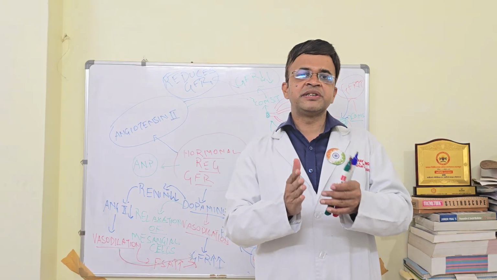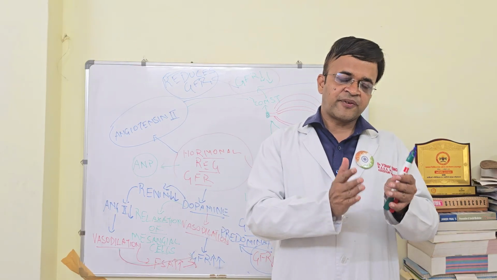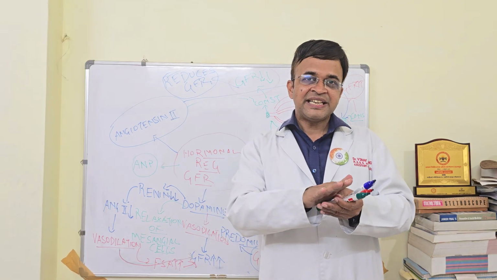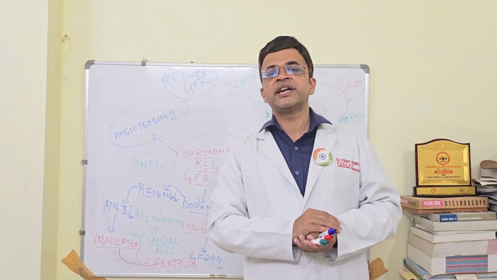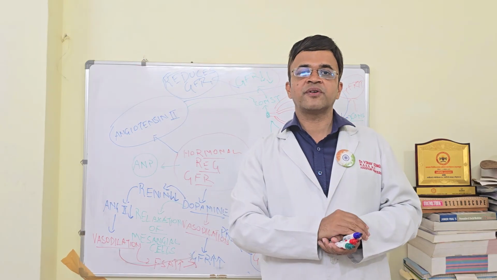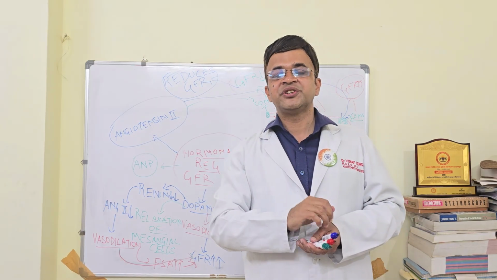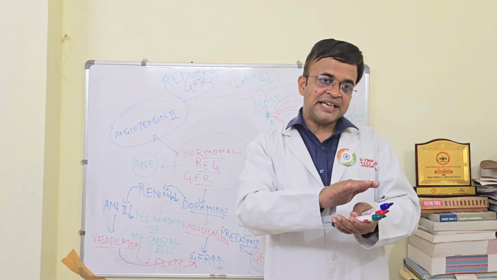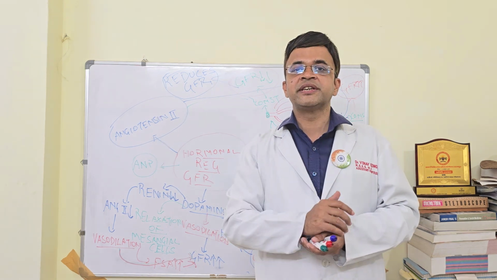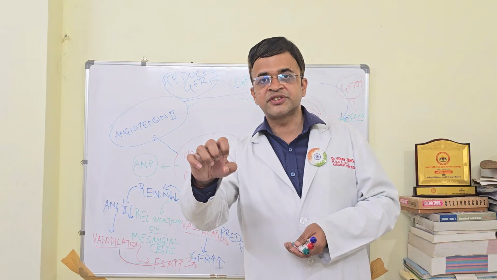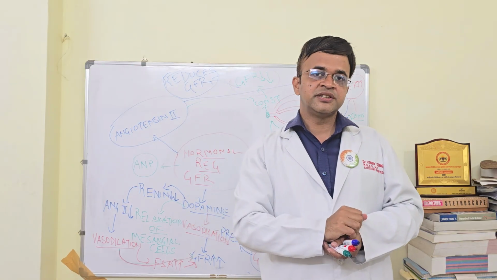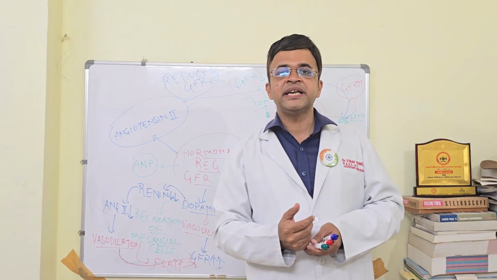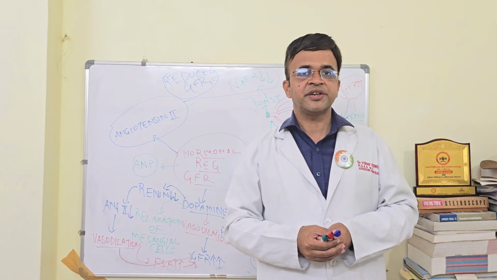Actually the action of ANP is different on both afferent and efferent arteriole, right? This ANP dilates your afferent arteriole, leading to increased blood flow, but it constricts your efferent arteriole, right? So if it dilates afferent arteriole, this will also increase GFR, and if it constricts your efferent arteriole, this will also increase your GFR. So both the actions of ANP increase your GFR.